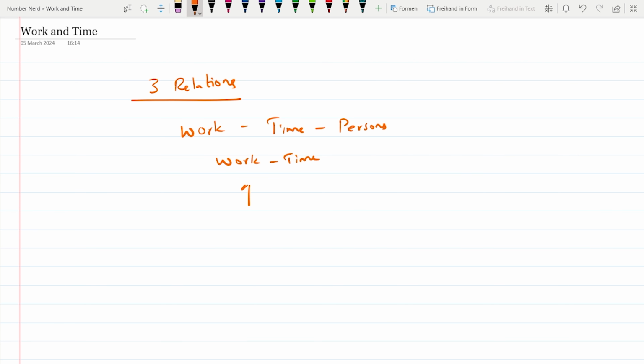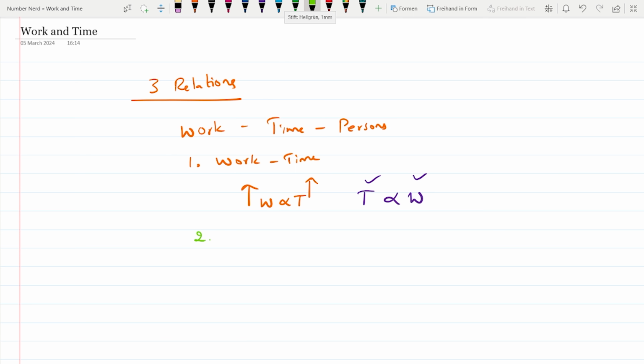If there is more work, then more time is required to complete that work. So work is directly proportional to time. This is the first relation. And the converse is also true, that is, time is directly proportional to work. If there is more time, then we can do more work.